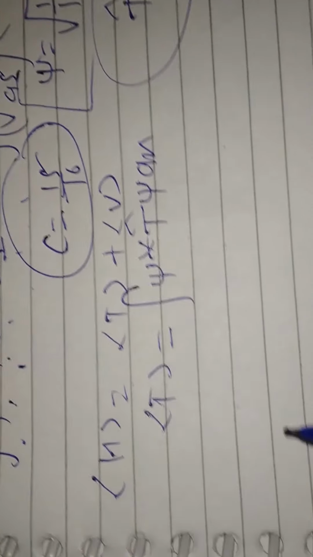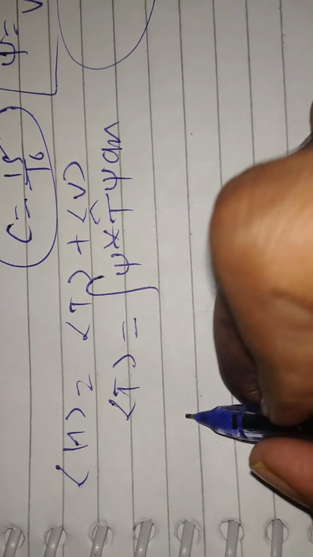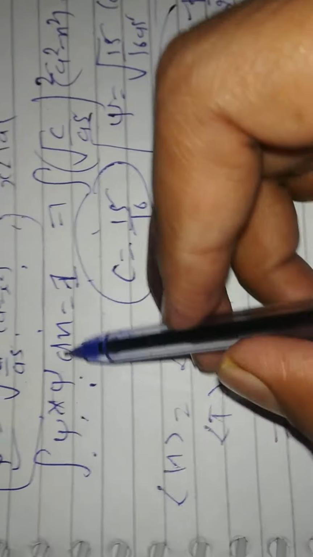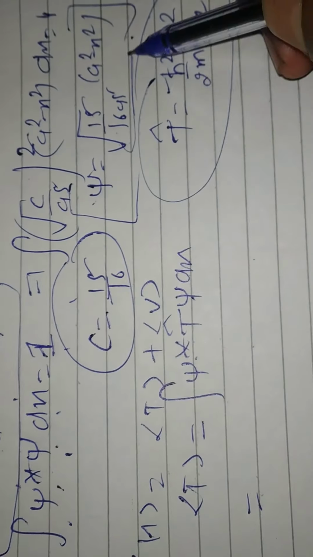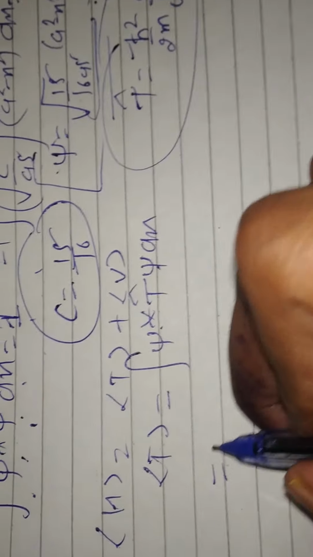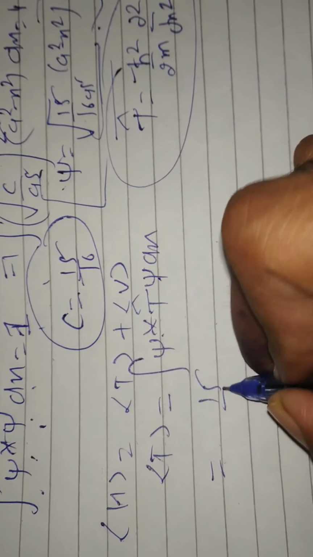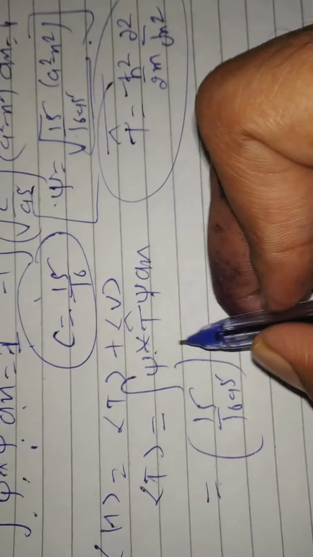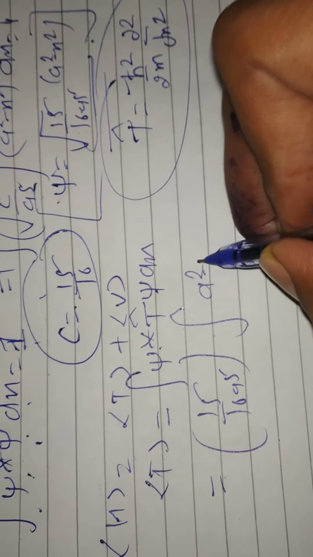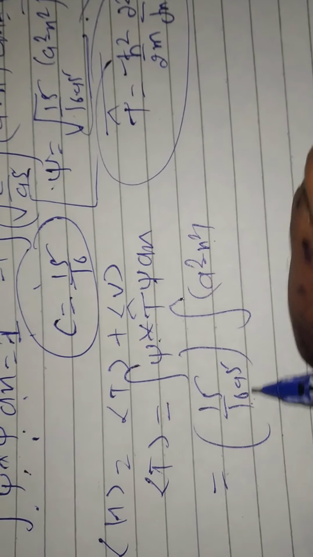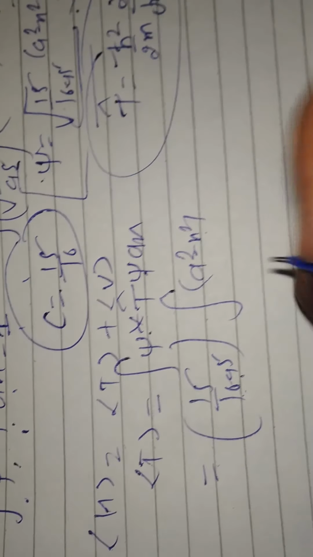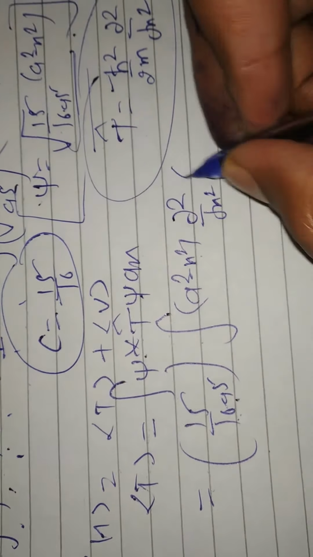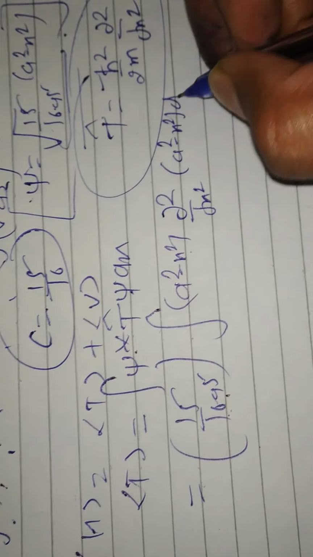Now we will put both values, psi star and psi. The value of this constant root of 15 upon 16 a^5 will be squared, and in the function a square minus x square, because this quantity is constant, I put it out.